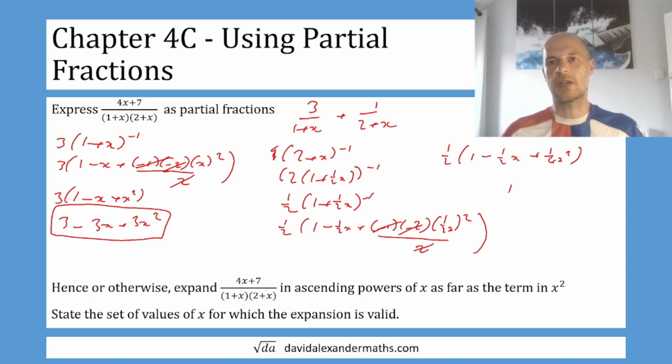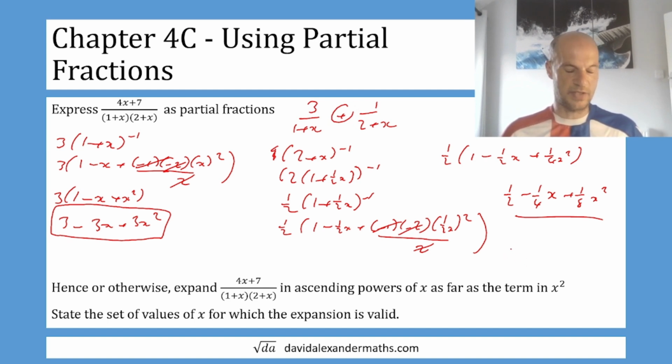So expand the brackets, we're going to get 1/2 minus 1/4 x plus 1/8 x squared.